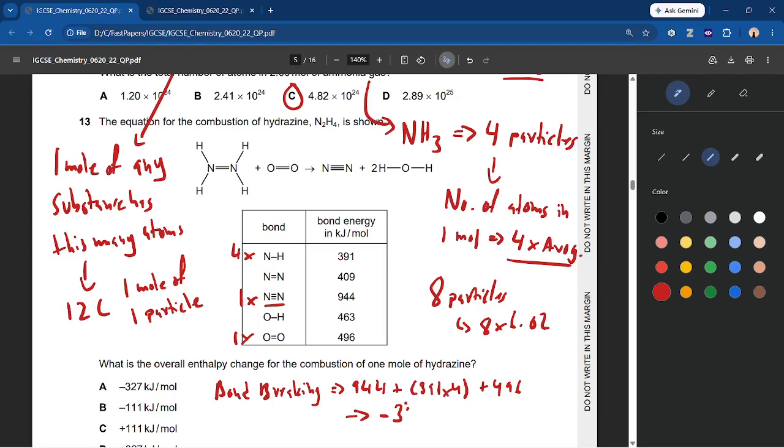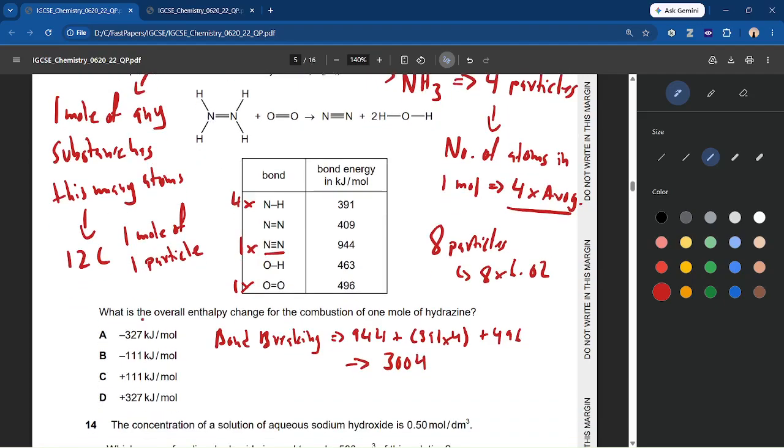Let's not go into the symbols just yet. 3004. And now for bond formation, so bond forming is 1 nitrogen nitrogen, so 1 times 944, and this will be 4 times OH, so 4 times 463.